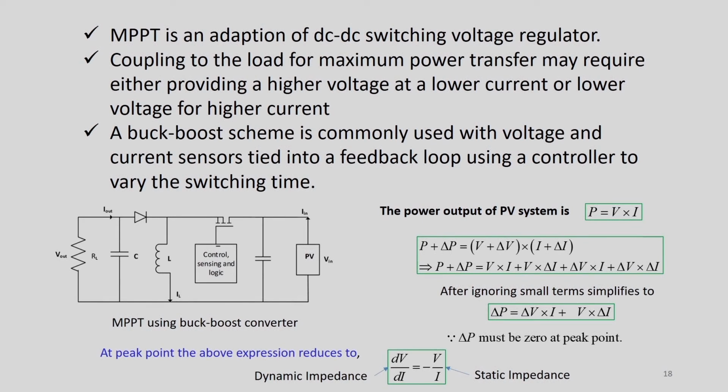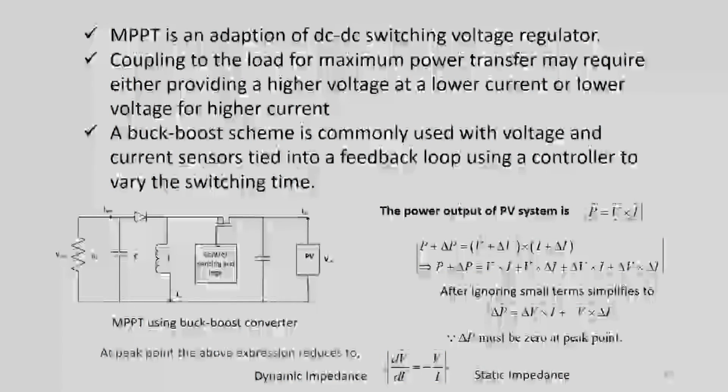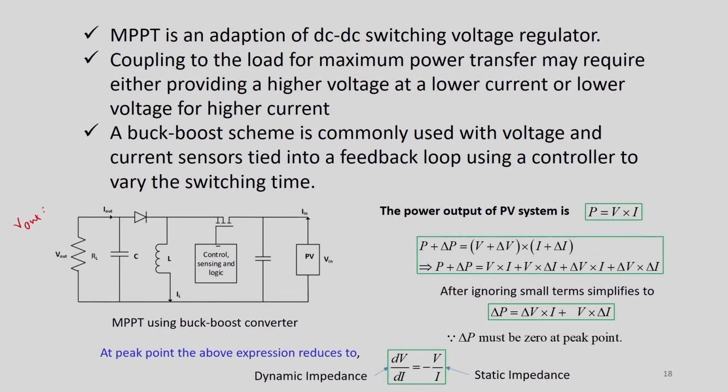So, the duty cycle is applied. If I am interested in V output, it is D by 1 minus D into V input, where D is nothing but the duty cycle of a MOSFET. So, this is the buck-boost converter that is used in MPPT.